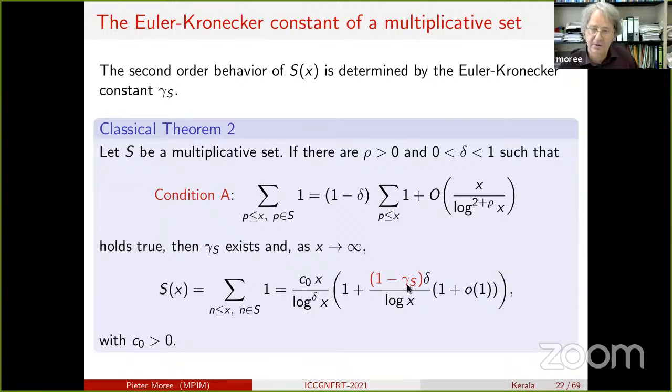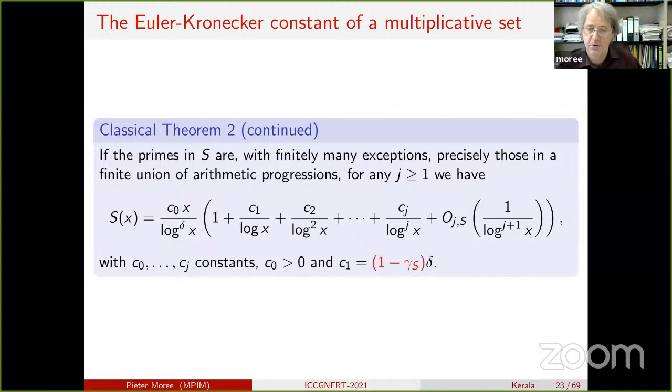And so at this point, you might be reminded of the first results I was showing you, where we were looking at the second order term, and certain constants came up. These constants are very closely related to this Euler-Kronecker constant.